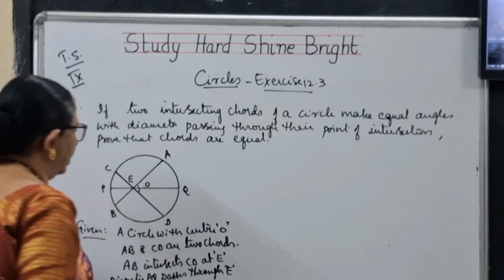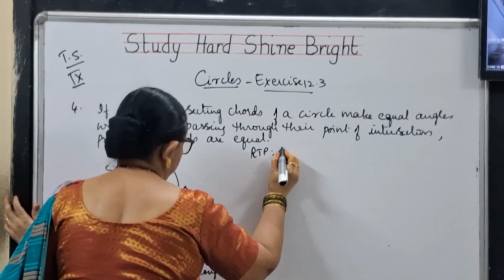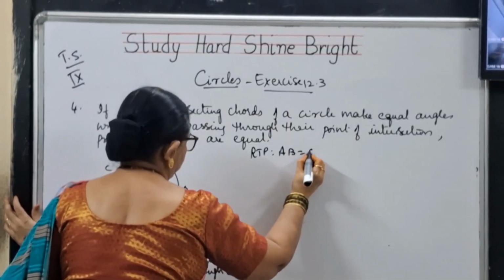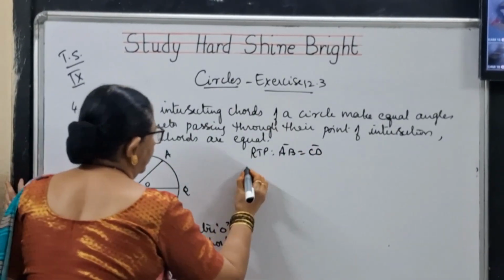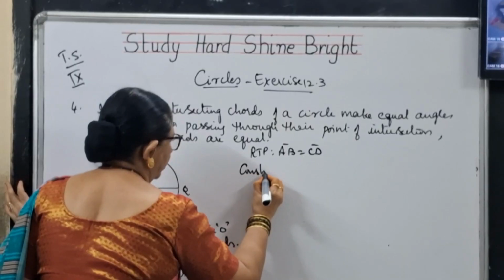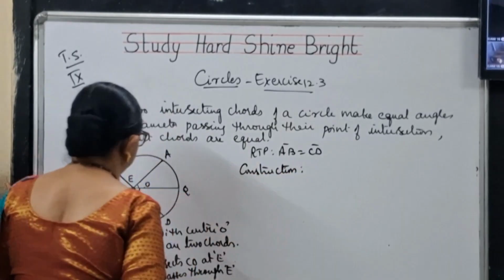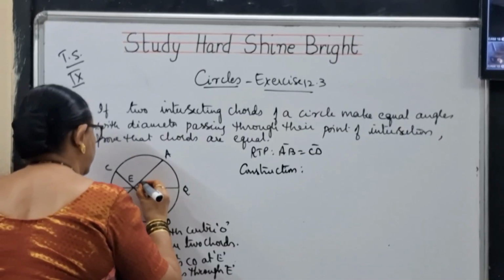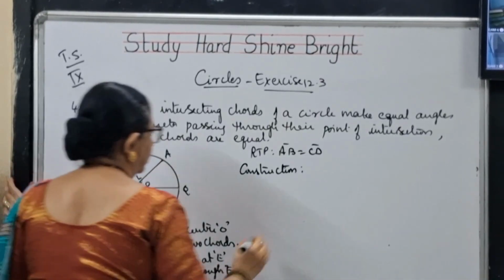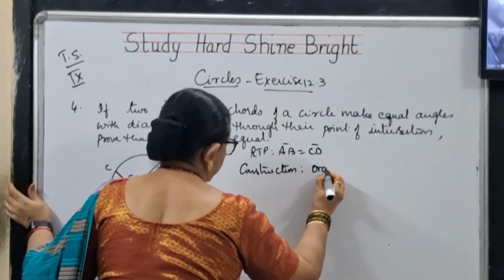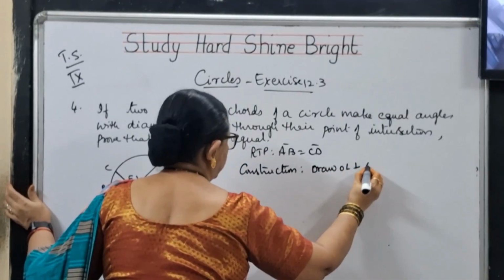Now what is RTP? We need to prove that AB is equal to CD. This we have to prove. Here you have a construction. What is the construction? You have to draw OL perpendicular to EA.